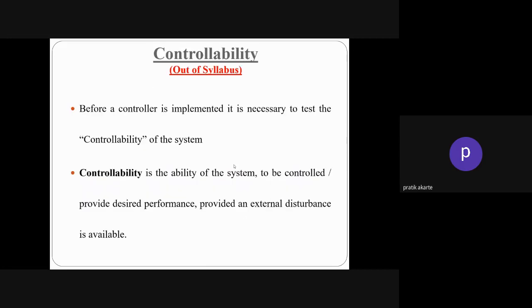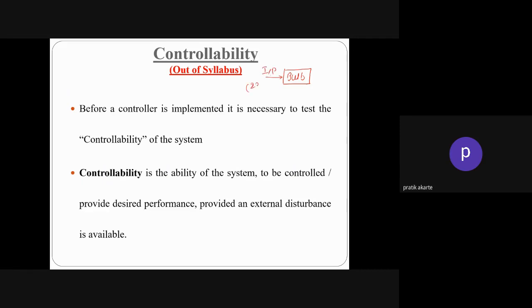Before going to the details of the open loop control system, we must consider one example of a bulb that will make your ideas about the control system clear. If it is a simple bulb that we use in our house, what is the input for that bulb?